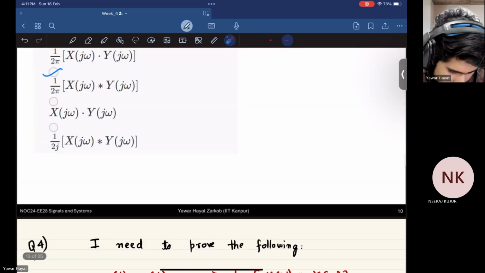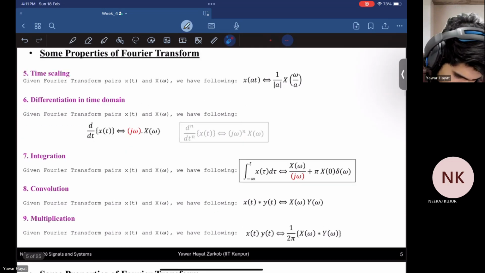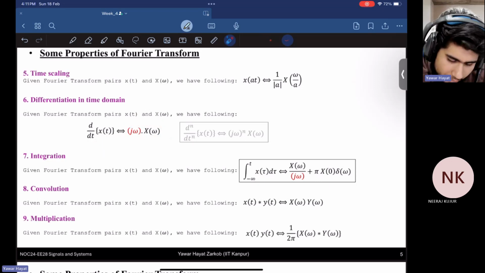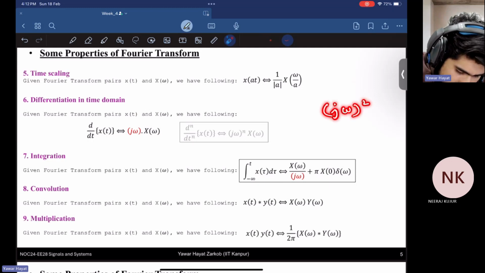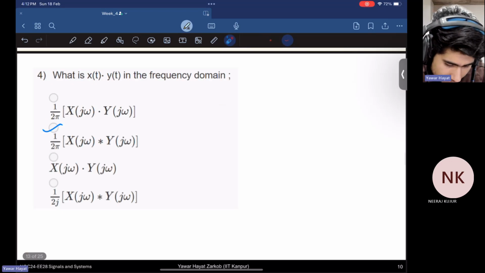So let's revisit the properties. Which property should we use? Looks like we should use this one, right? If j omega is multiplied in the frequency domain, in the time domain, we should take the derivative of the time domain signal x of t. And if we have higher powers of j omega, like j omega square, then this derivative would be a second order derivative in time. So that is what we would use.